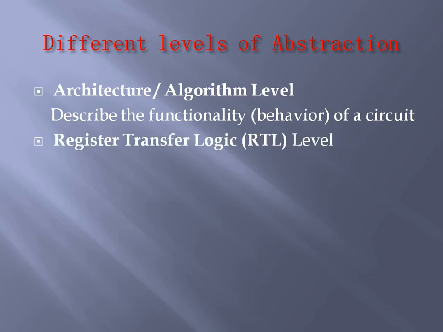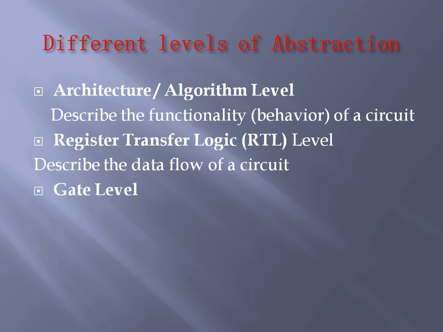Next is the register transfer logic level, in short RTL, which describes the data flow of a circuit, how the data is flowing from input to output, described as the data flow in RTL level.